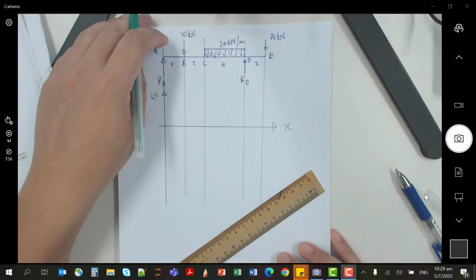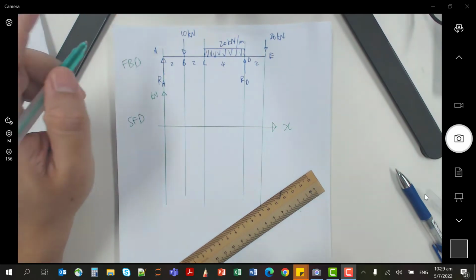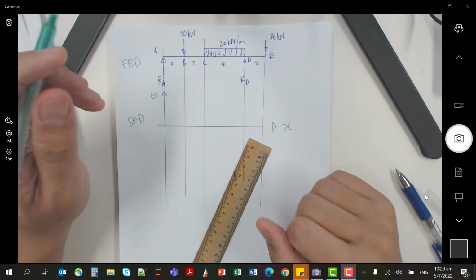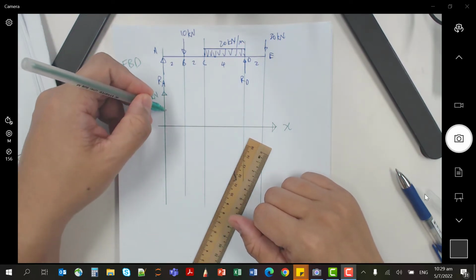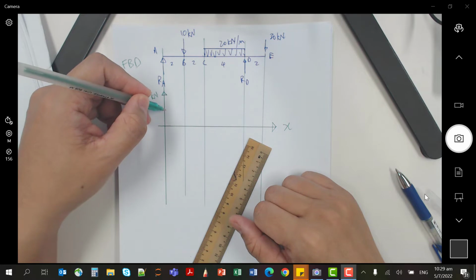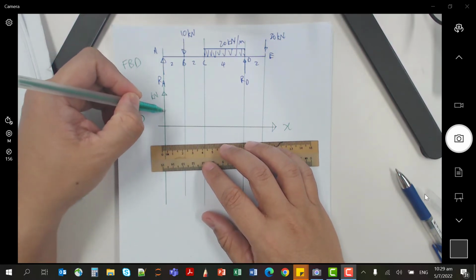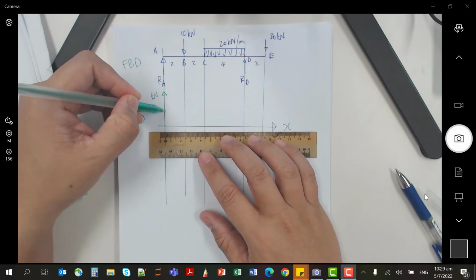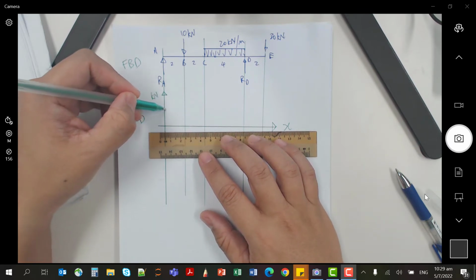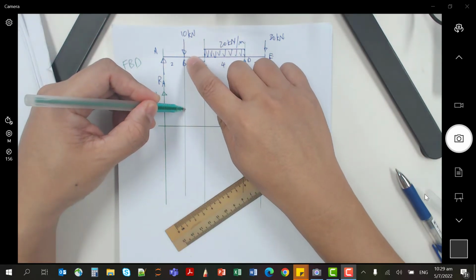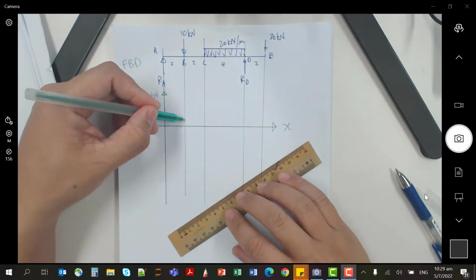First point, at A, the first force that it encounters is an upward force, correct? So it will go up, and because that is the only force that it encounters, it is going to be constant throughout until it reaches B. Then it will be pushed down by this 10 kilonewton.